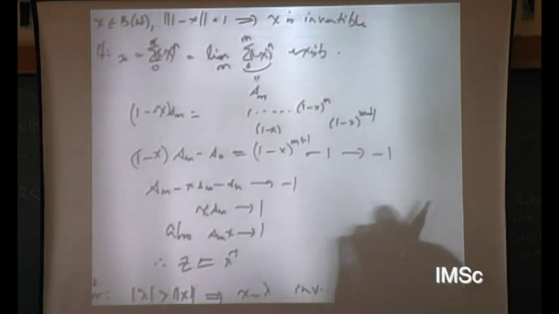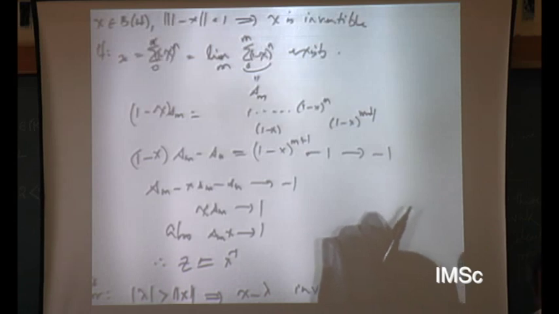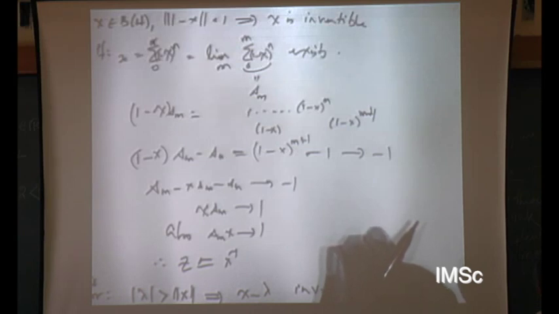So the series says that x inverse minus 1 itself is a series in 1 minus x. So if 1 minus x is small enough, it will follow that x inverse will be close to 1. In other words, the inverse mapping is continuous at 1. That means if you get close to 1, you'll be invertible and the inverse will also be close to 1.